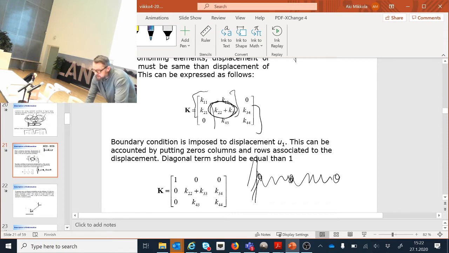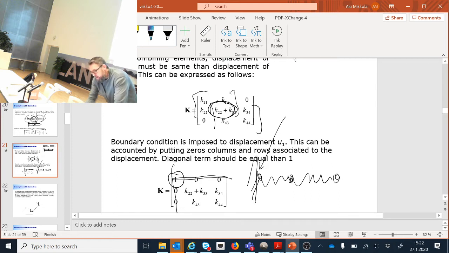But that really depends on the kind of boundary conditions. This node here is eliminated from the stiffness matrix, and what I left here as a 1 is a diagonal component to be able to invert this.